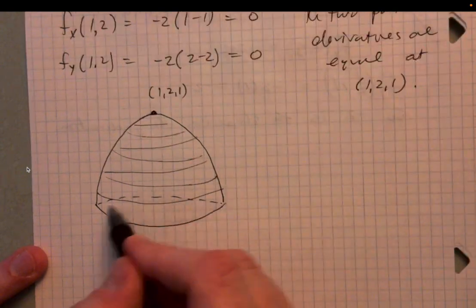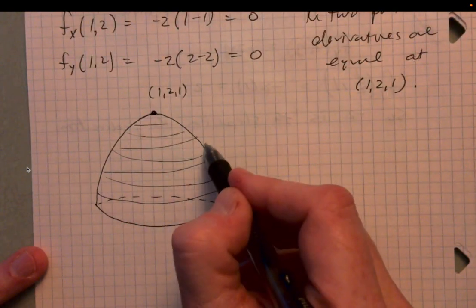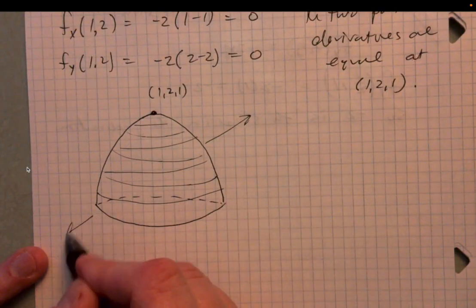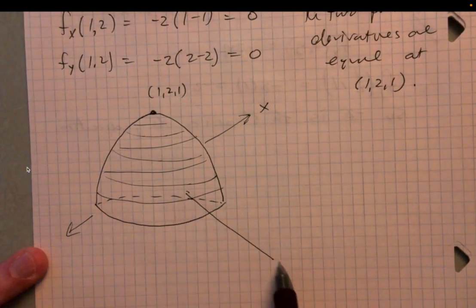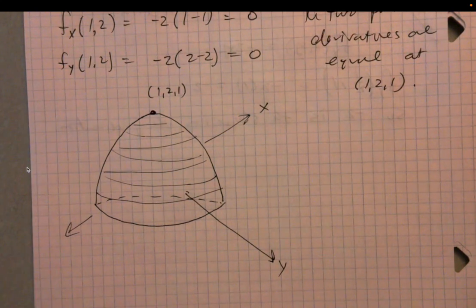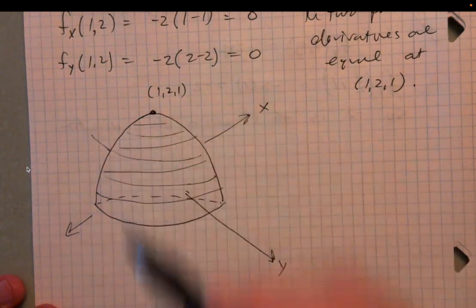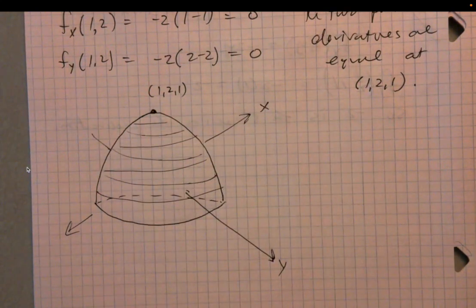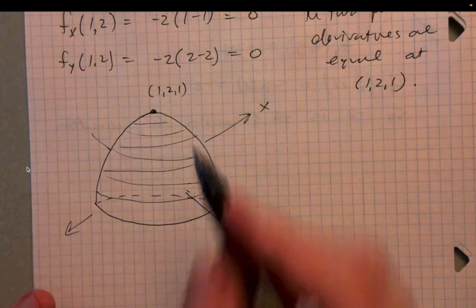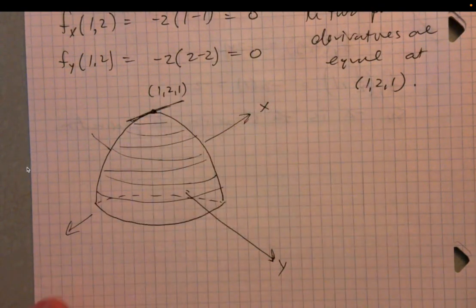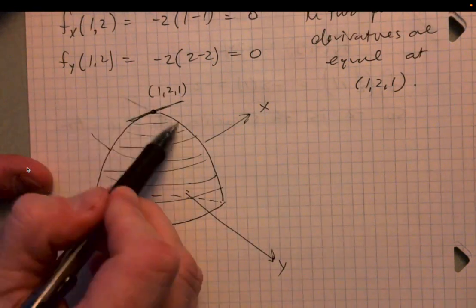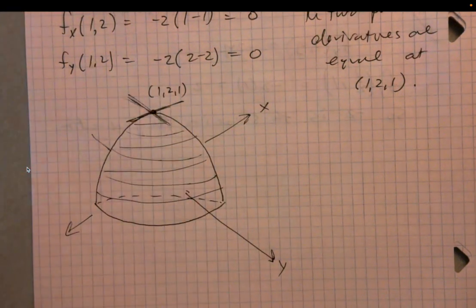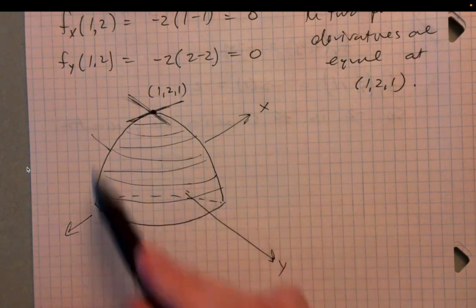Okay, and so maybe your x-axis is in this direction. Then your y-axis would be perpendicular to that. And so the slope in the x direction is perfectly flat, and the slope in the y direction is perfectly flat as well, meaning it's parallel to the axes.